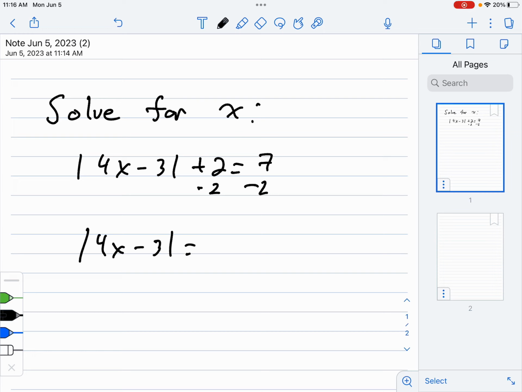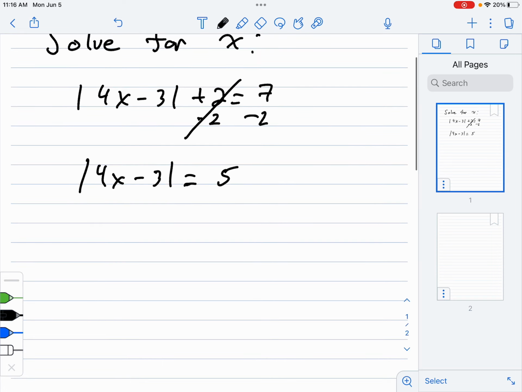As such, the 2's cancel on this side, and then 7 minus 2 is 5. The next step here is to check whether the side that has the constant, the number, is either 0 or positive. You cannot solve an absolute value equation that has a negative number on the other side.